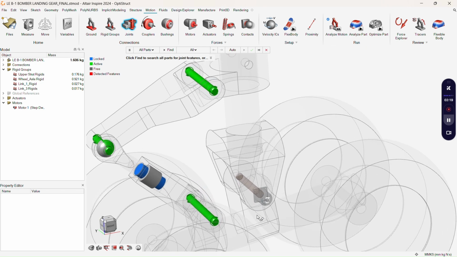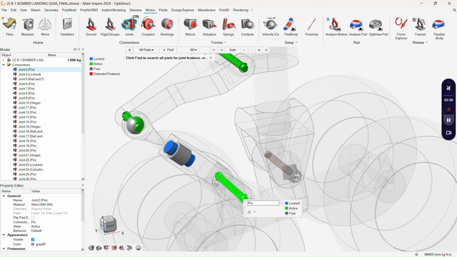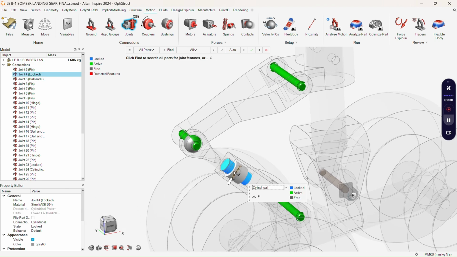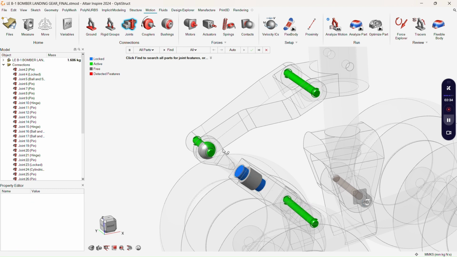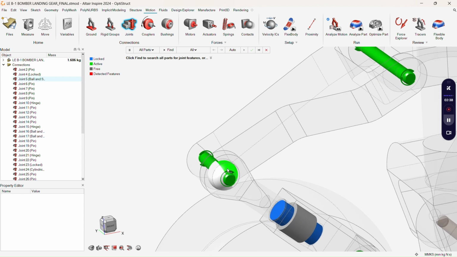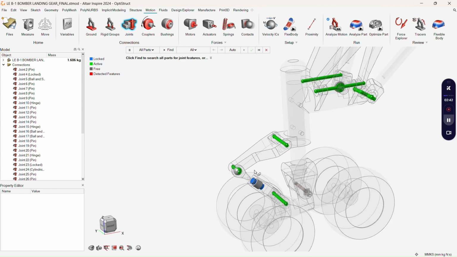We have the clevis and the axle connected via pin joint and given a motor for the actuation. Then we have again a pin joint between the lower TA and the axle. Then we have a cylindrical lock joint between the interlink and the lower TA. Then between the upper TA and the lower TA, we have a small socket joint and a pin joint to allow the movement in all directions.